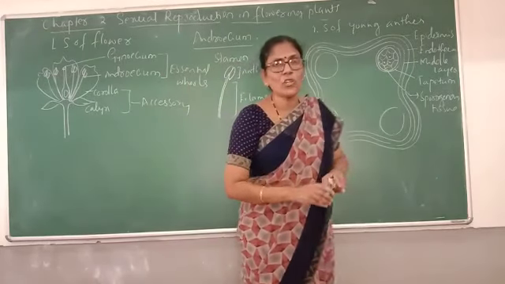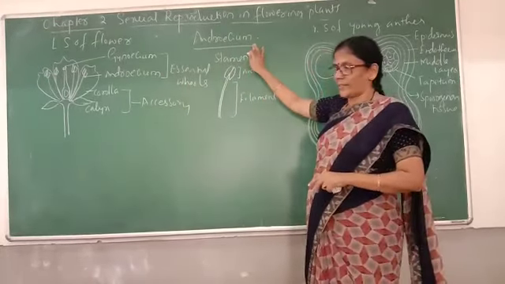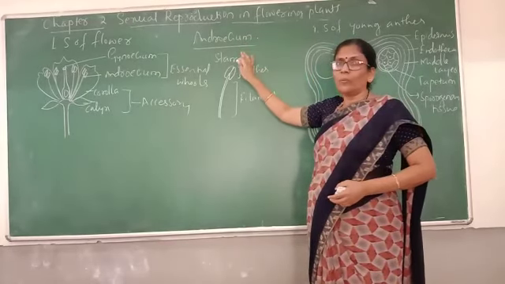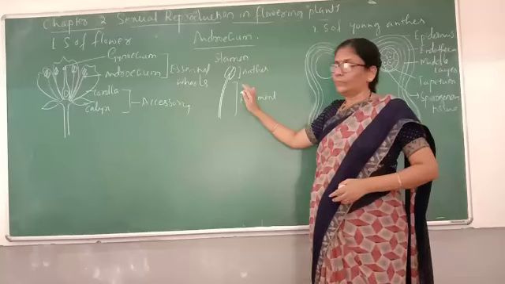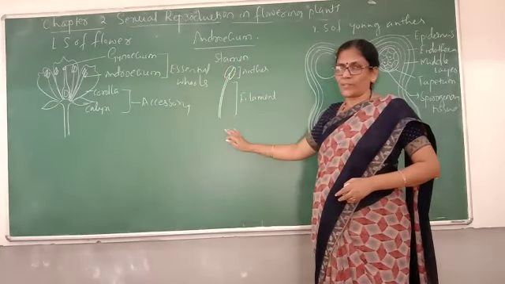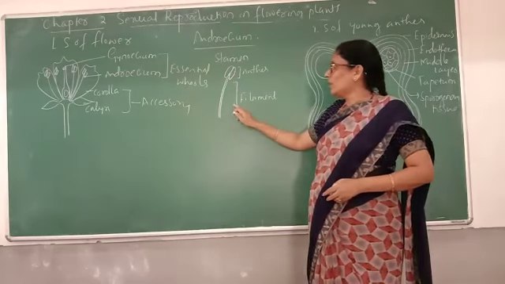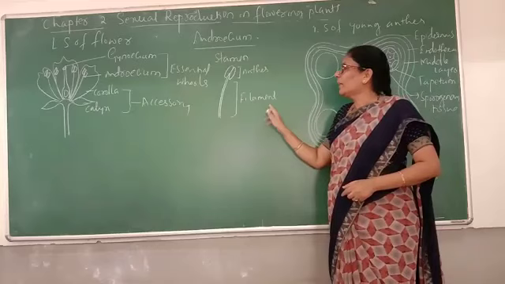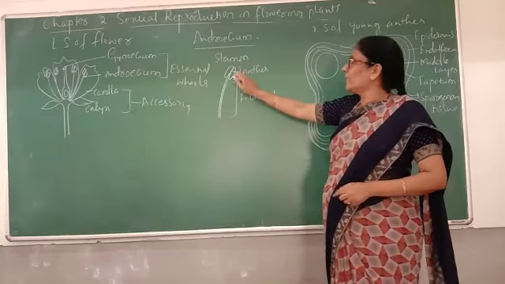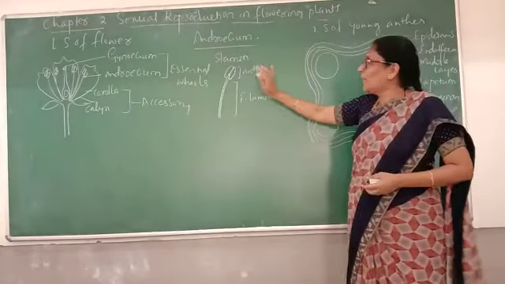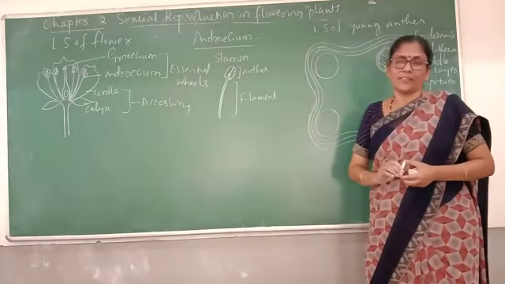Units of the androecium are called stamens, and the androecium consists of whorls of stamens. Each stamen is made of two parts: a long, thin structure called the filament, and in the terminal region a bulged, bilobed structure called the anther.